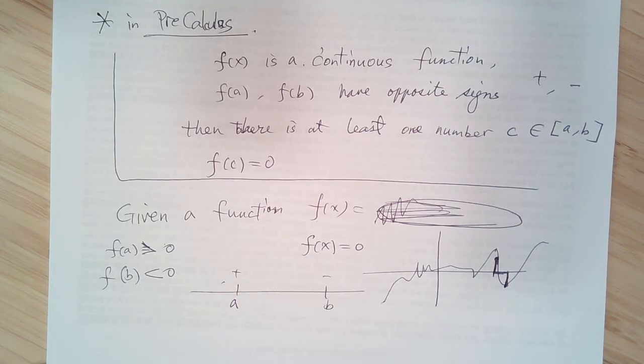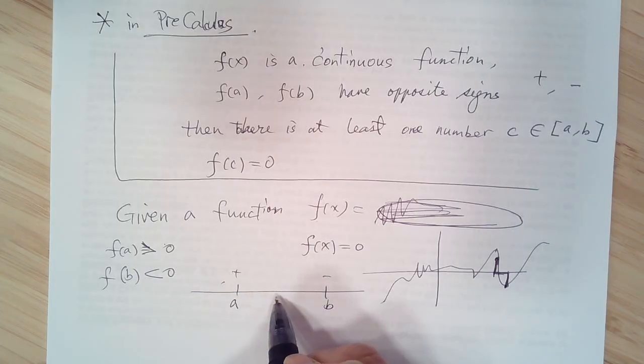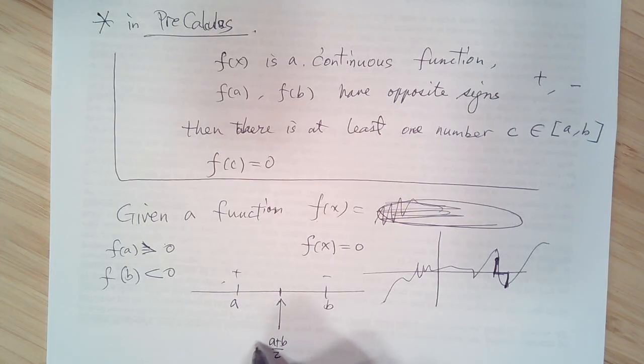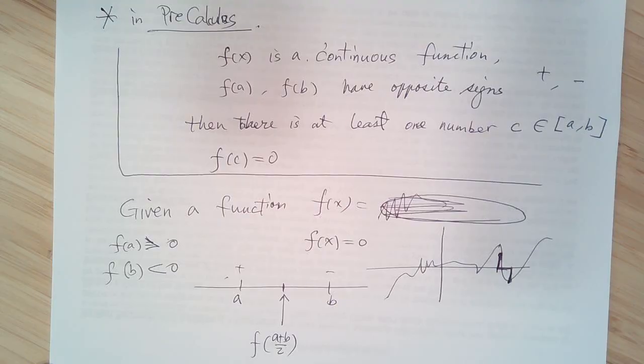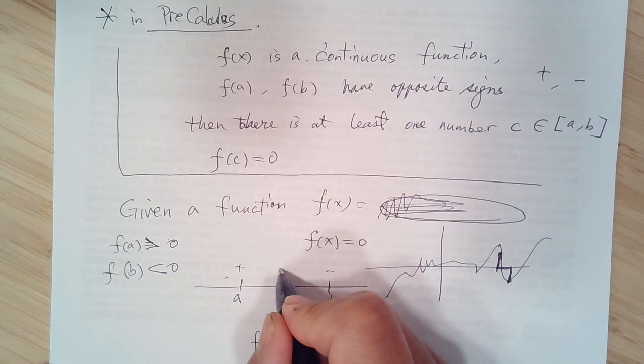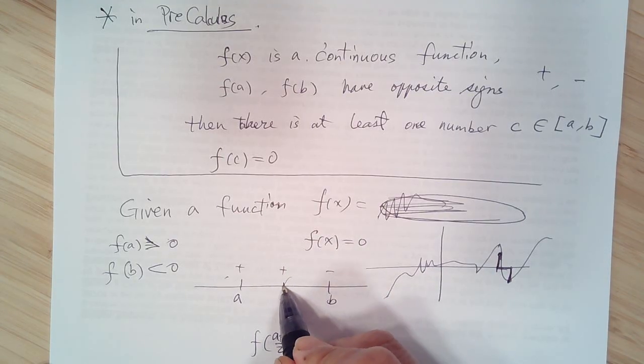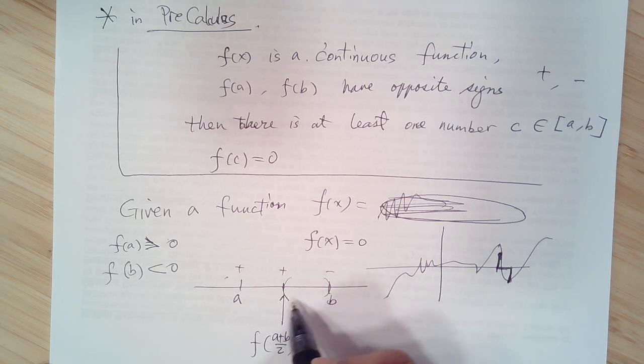What you do is take the midpoint, A plus B over 2, and find the function value there. If it is positive, then you shrink your searching interval to half of what it used to be. So there must be one solution right here, and then you find another midpoint and keep doing that.